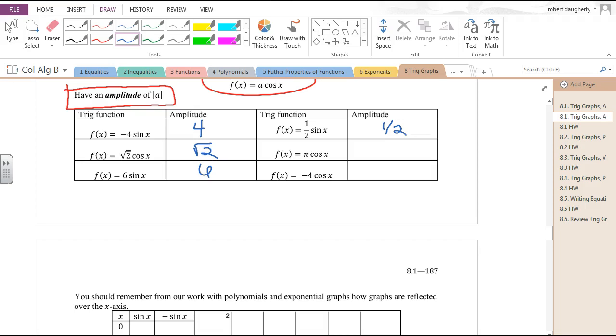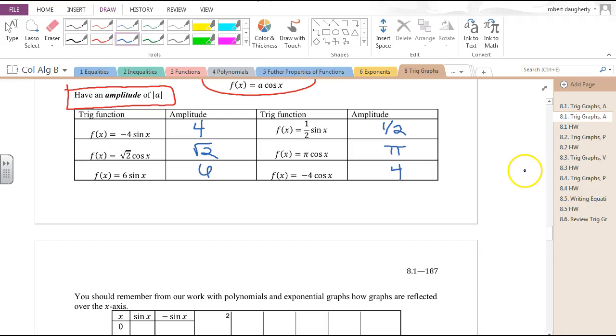The next one? Pi. And the last one? 4. Okay? So when you look at this graph from the x-axis, the height is going to be 4 away from the x-axis and the low is going to be 4 away from the x-axis. So that's the amplitude of that graph.